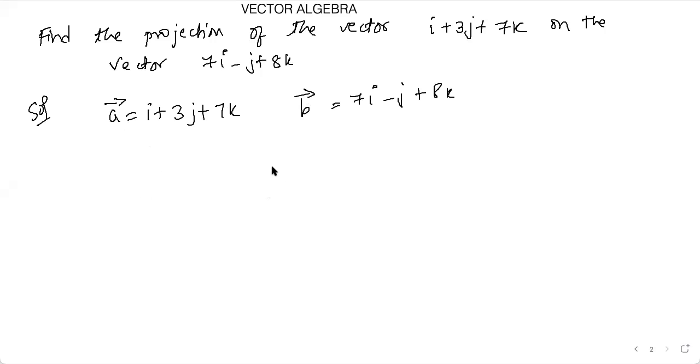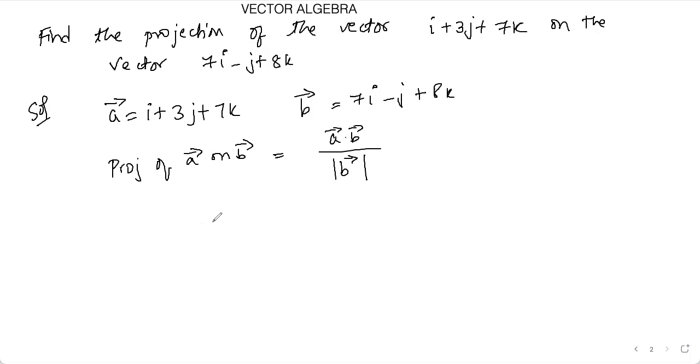Now, projection of A on B, which is given by A dot B divided by mod B. This is what we are going to find.